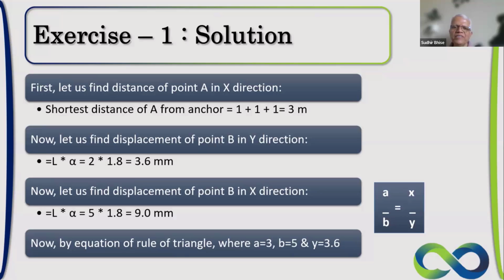If you fill this in, what is required is our displacement X. So the X displacement is going to be, if you fill in this equation, you will find that it is 2.16 millimeters. So our main answer is that the displacement of point A in Y direction is 2.16 millimeters, and the displacement of the same point in the X direction is 3 times 1.8, which is equal to 5.4 millimeters.